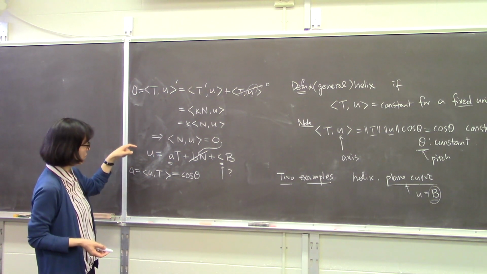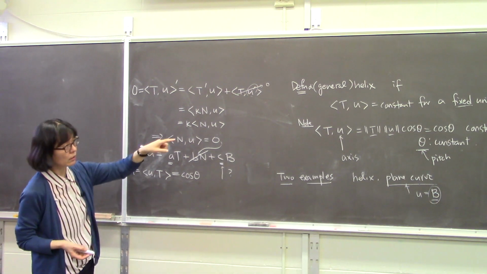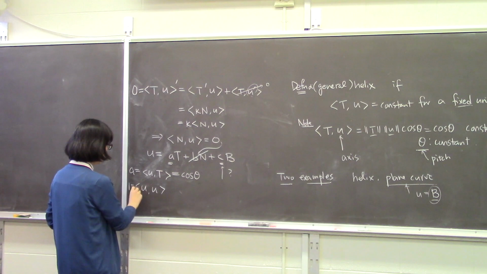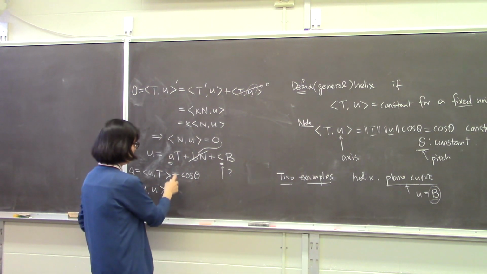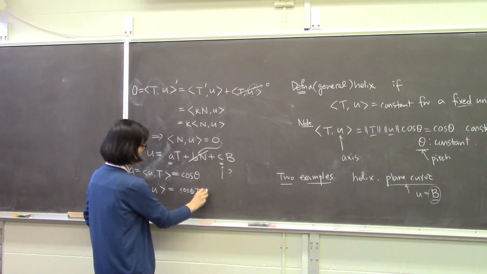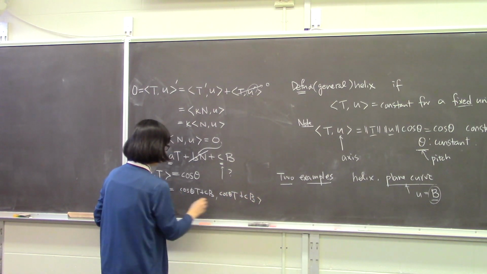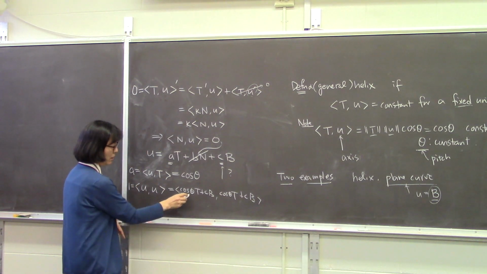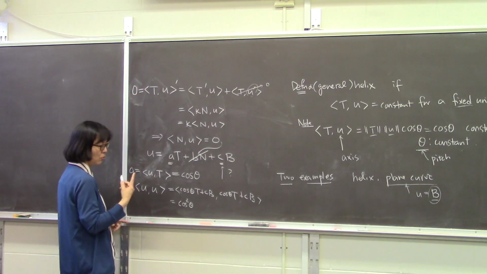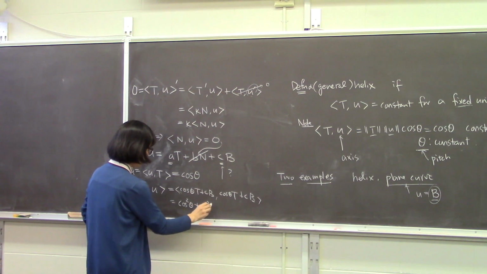Okay. So what is the length of u? The length of u is 1, right? Unit vector. So you have 1 equals the norm of cosine theta t plus c b. Then what do you have here? We have cosine square theta, t dot t is 1, t dot b is 0, b dot t is 0, plus c square.